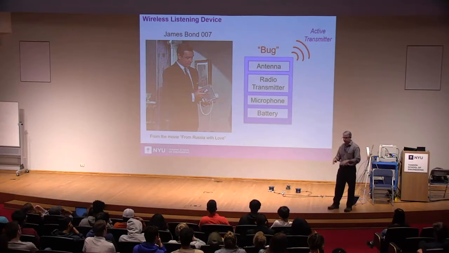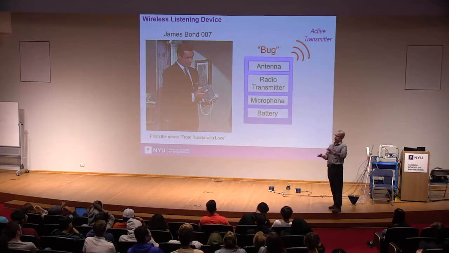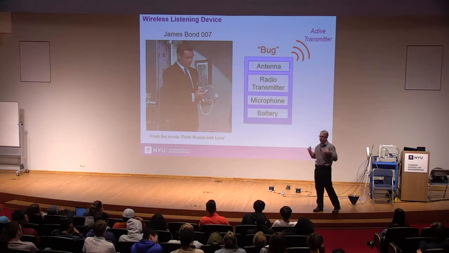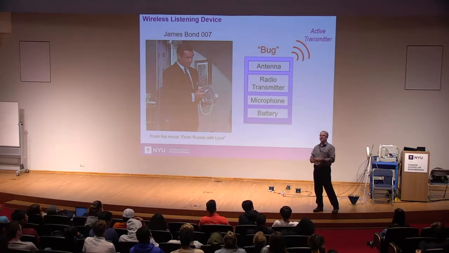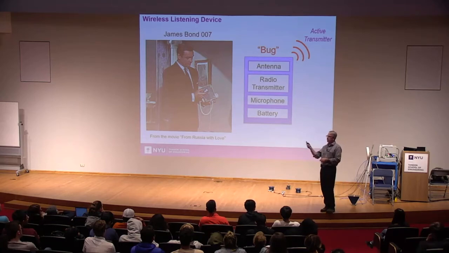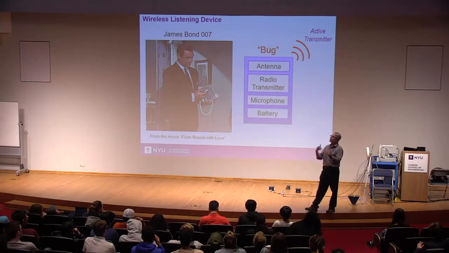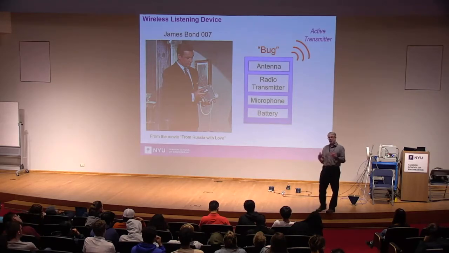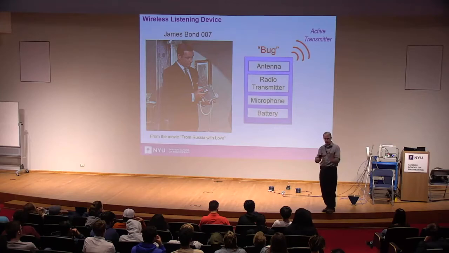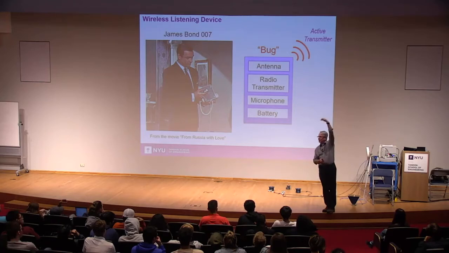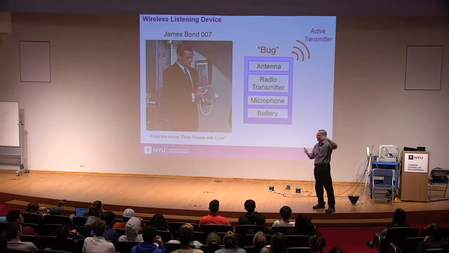In the earlier Bond movies, Bond would walk into his apartment, and the first thing he'd do is pull out a little device he's carried around, and he's looking for what's called a bug, a transmitter. It's essentially like the equipment I have up here in handheld form. He's looking for energy being transmitted. Essentially it's a microphone somewhere in the room, because he knows the enemy's trying to listen in on him, and of course they gave him the one hotel that has the bug. It's usually up high, like in the lamp at the ceiling, as if you wouldn't look there.